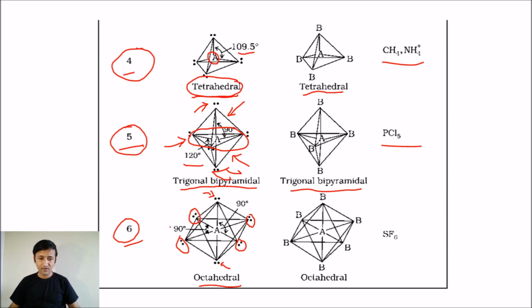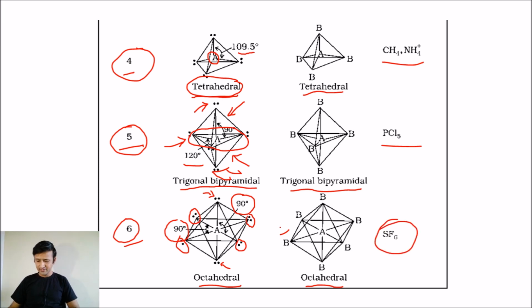In the plane we'll be having one angle there, 90 degrees, and with the plane, these 2, one above the plane and one electron pair below the plane, create an angle of 90 degrees. So octahedral geometry will be having only one bond angle, that is 90 degrees. So the molecular geometry is octahedral, and one example can be taken as SF6.